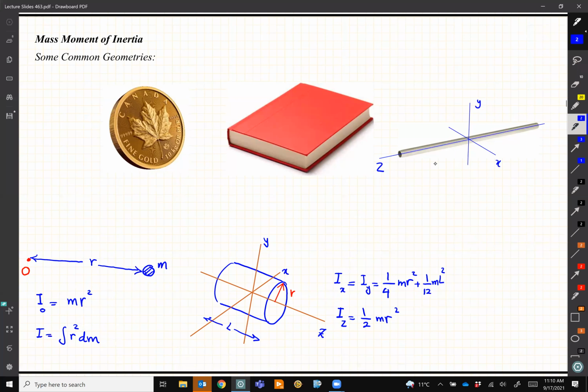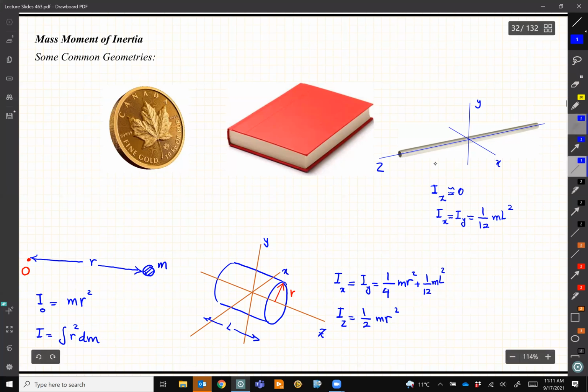So we can approximate and say that Iz is almost 0, and that's good enough, it's acceptable. And Ix and Iy is equal to 1/12 m L squared. So it's the same as that cylinder, except R is small, so you ignore it.